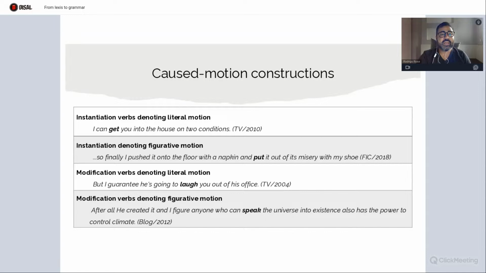Okay? The second type, instantiation denoting figurative motion. So we still have the type of verb that fits perfectly here, but the oblique argument in this particular case is going to be one that denotes a figurative motion. Okay?